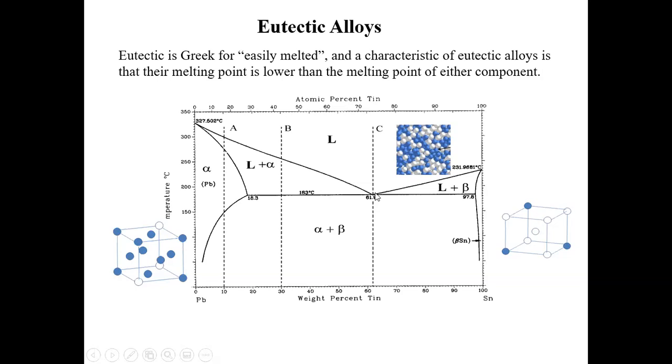And on top of that, this melting point is 183 degrees Celsius, which is listed here, which is lower than both of the melting points of the individual metals, right? So that's why we call this eutectic, because when you make it as an alloy, it melts more easily. Okay, that's why we call it eutectic.